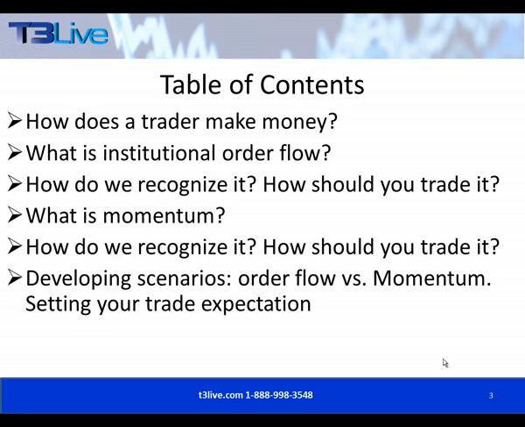And then most importantly, the whole point of why we're here: developing scenarios, order flow and or versus momentum, and setting up the trade expectation of whether or not you believe the momentum is in the direction of the order flow. There's a couple of different ways to use momentum in conjunction with order flow. It could be building a position in the direction of obvious order flow, or it could be only trading the next move in the direction of obvious order flow.